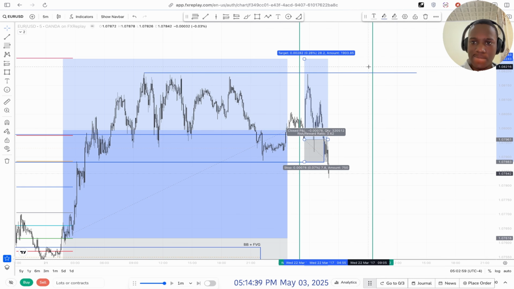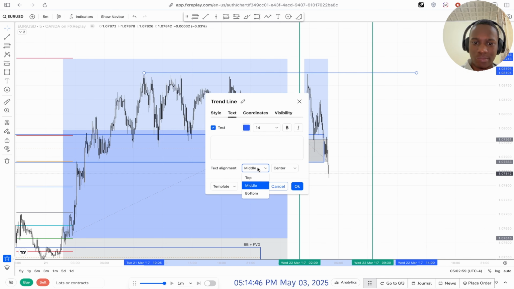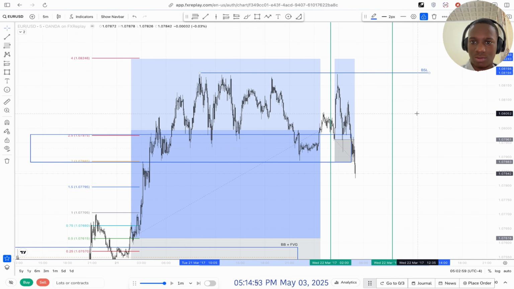And so let me change this, like to put it buy side liquidity. What does this do?